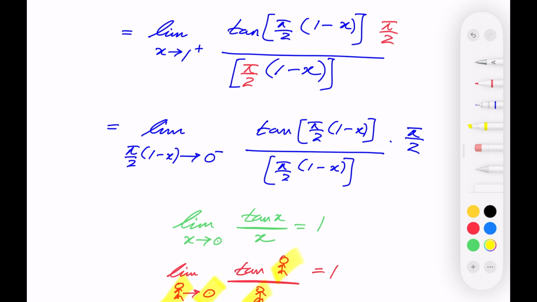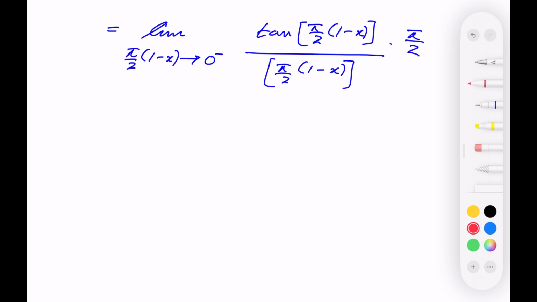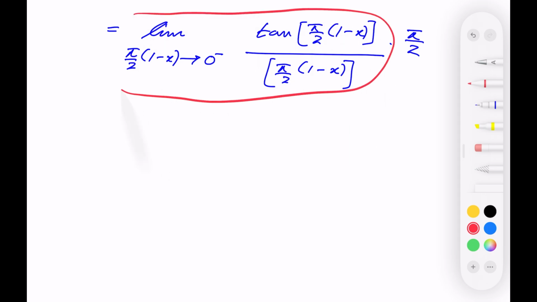Then the limit is going to be equal to 1 when you have the tangent function, just like with the sine function. Therefore, all of this part is equal to 1. That times pi over 2. Therefore, our final answer should be equal to pi over 2.